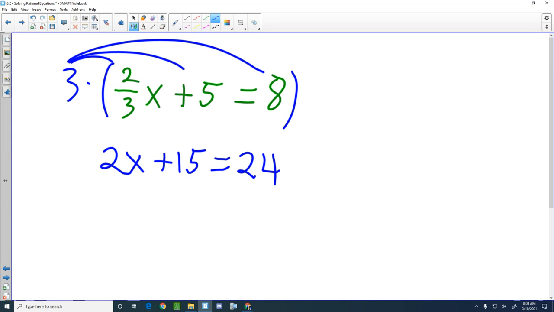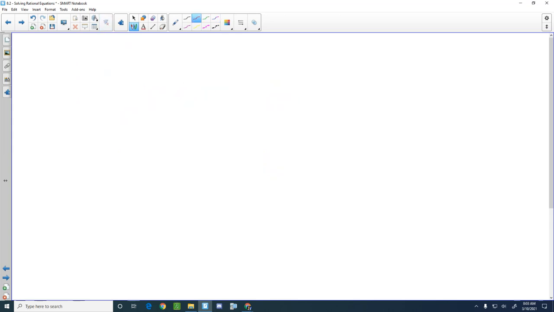So that's kind of like what we're doing by multiplying by this LCM, the least common multiple of the denominators. In this case, there was only one denominator of a 3, so we multiplied by 3. Well, what if our equation were a little bit different? What if it were 2/3 x plus 5/2 equals 8?